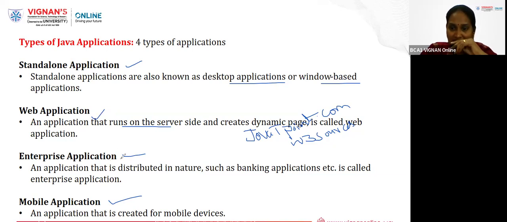Coming to enterprise applications, there are banking applications, various banking applications, and marketing applications. All those can be developed using Java, right? And mobile applications are the apps that we can run on the mobile, such as Android-based mobile applications. All of these can be developed using Java. So these are the various types of Java applications that we can develop.